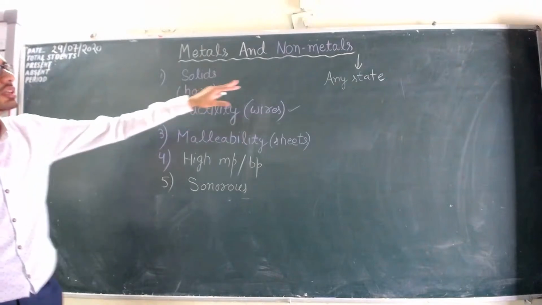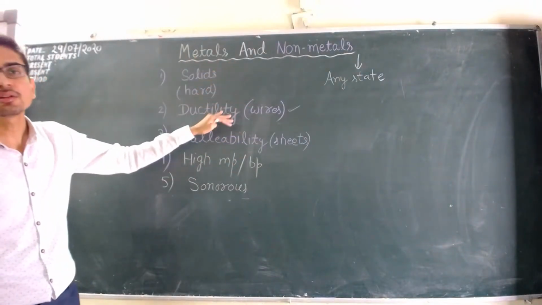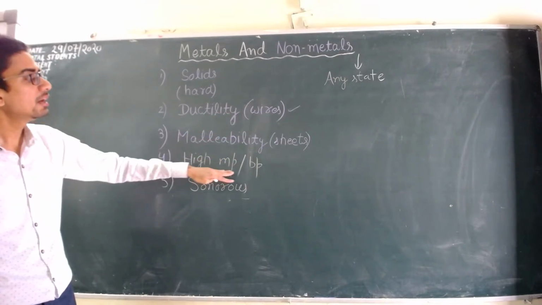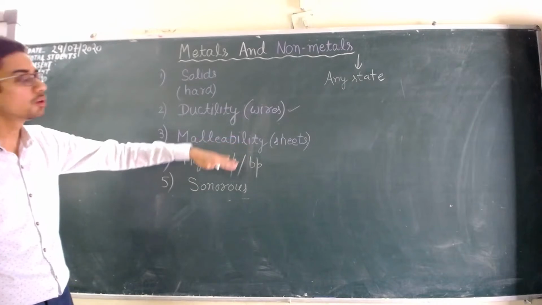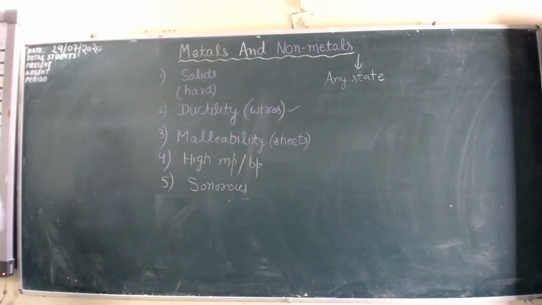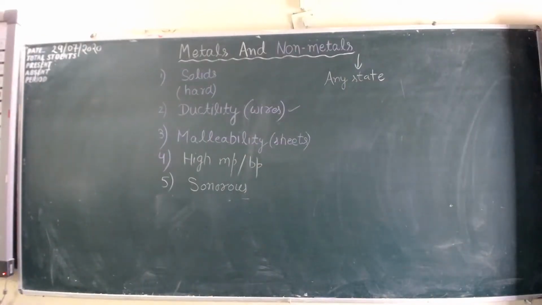They are generally softer than metals. Non-metals are not ductile and not malleable. Non-metals have lower melting and boiling points than metals. So these are some of the physical properties of metals and non-metals.